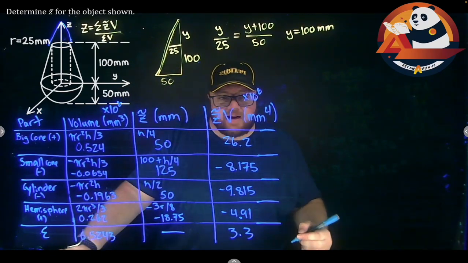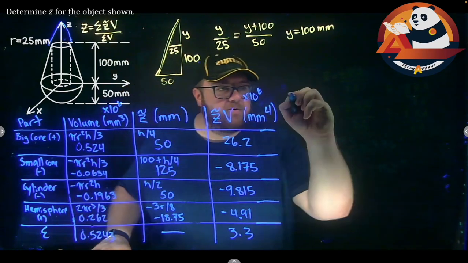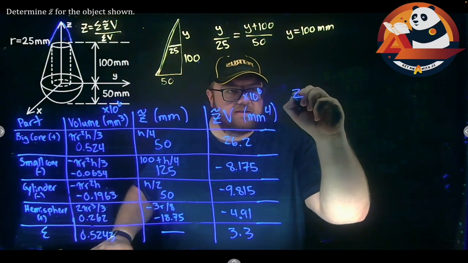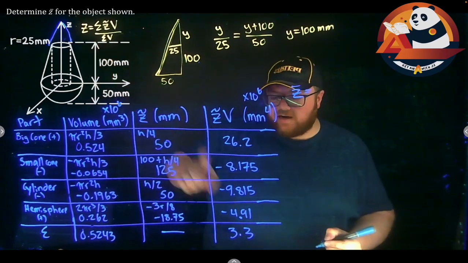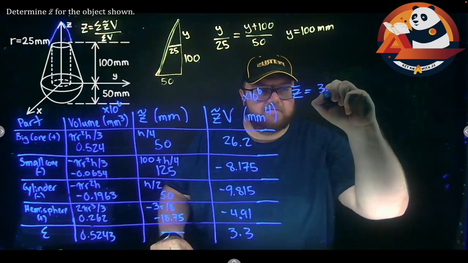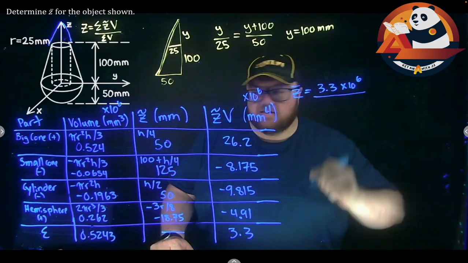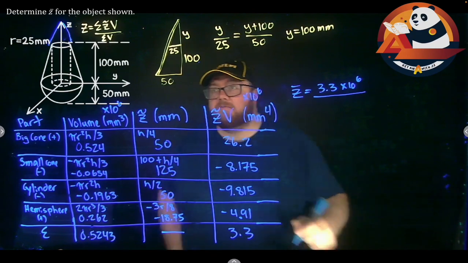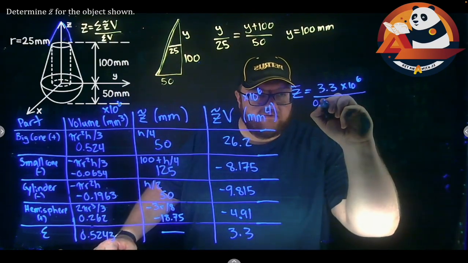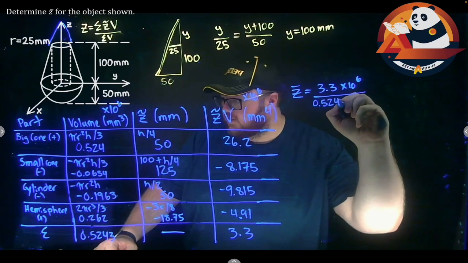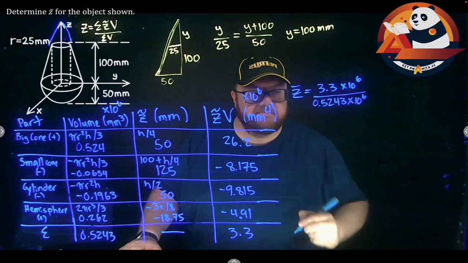Which we can use to find z bar then. Our z bar is equal to our total z tilde v, 3.3 times 10 to the 6th, divided by our total volume, the sum of our v, 0.5243 times 10 to the 6th.